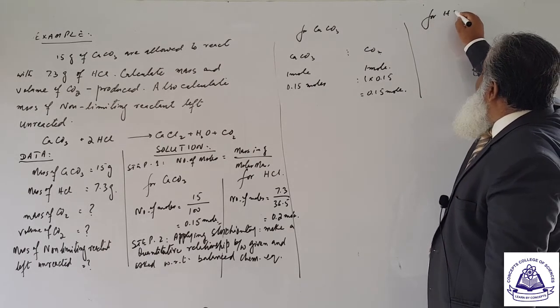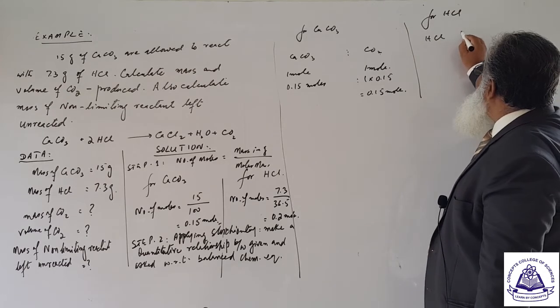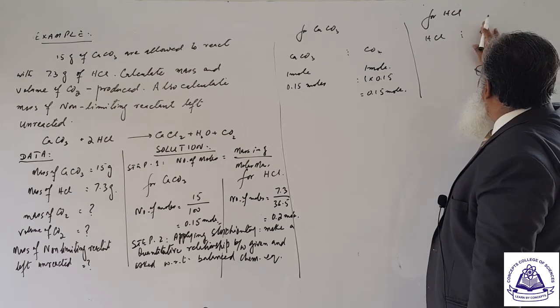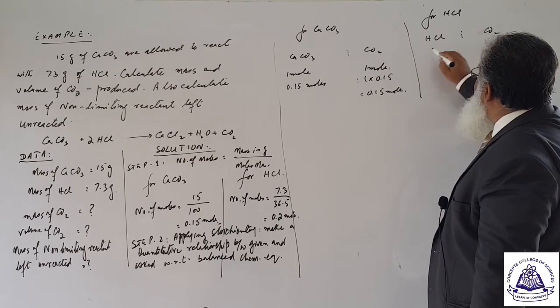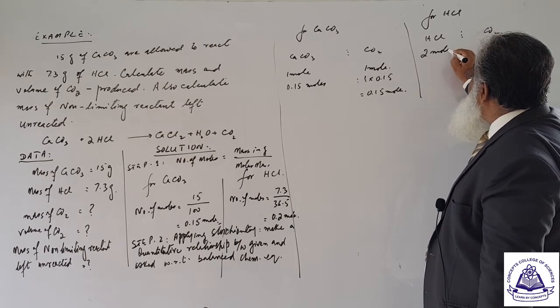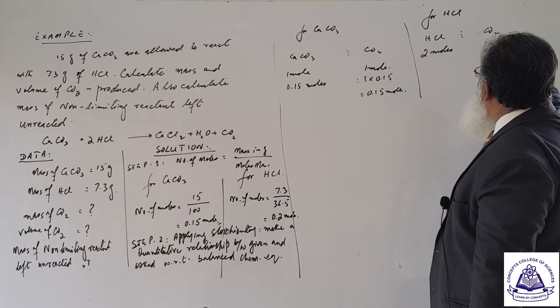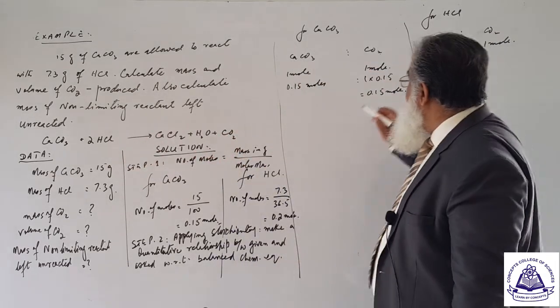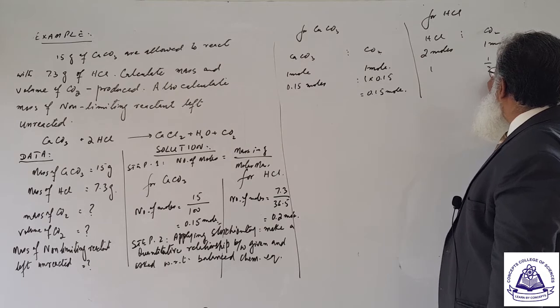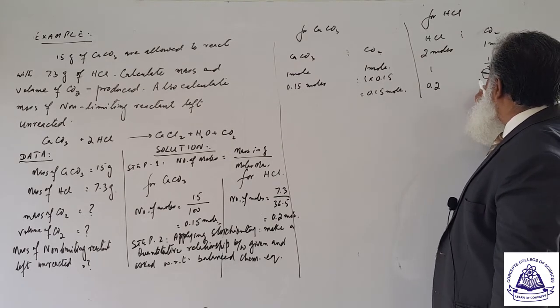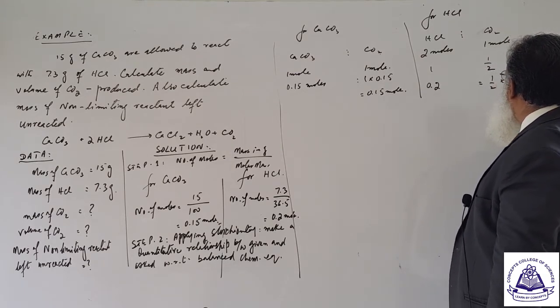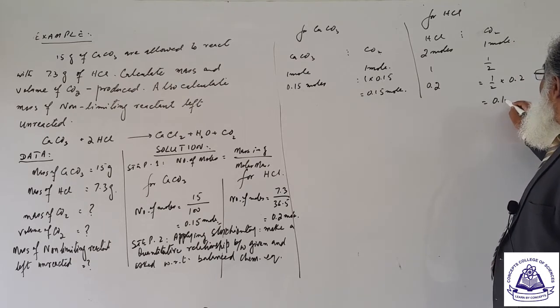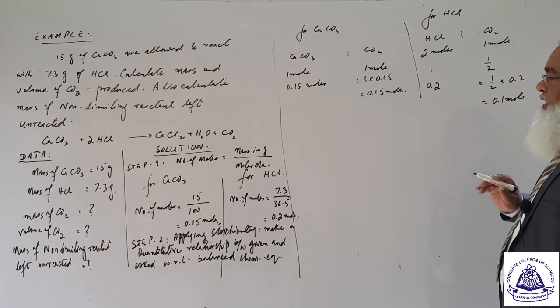Here for HCl, HCl versus carbon dioxide, with respect to the balanced equation, 2 moles will produce 1 mole of carbon dioxide. Hence, 1 mole will produce half and 0.2 moles will produce half into 0.2, 0.1 mole.